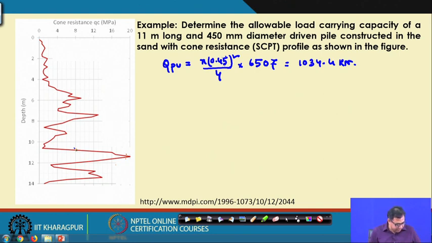So, you take the weighted average of QC average from 0 to 11 meter, the same way that I have done.